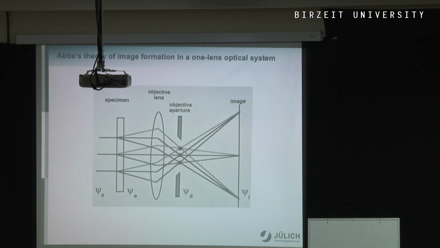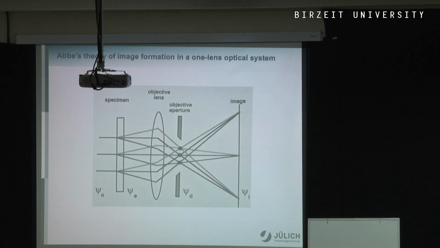It's focused at the focal plane of the objective lens, and in the backfocal plane electrons which have been diffracted in a particular direction are focused onto the same position in the backfocal plane. In other words, this is a diffraction pattern, a map of angular scattering.